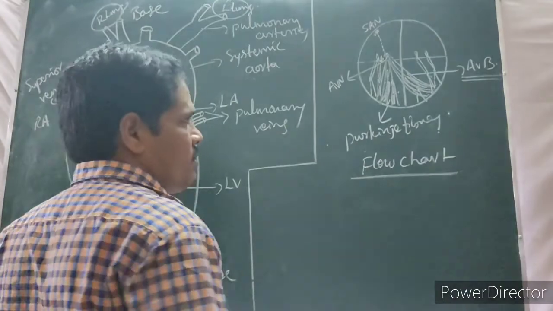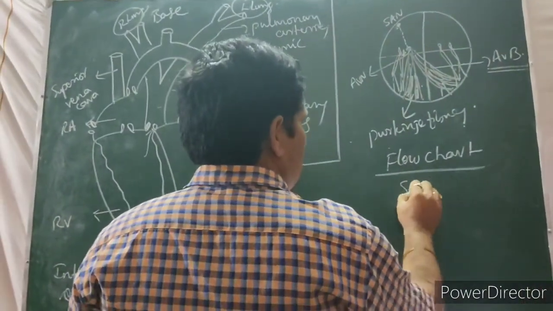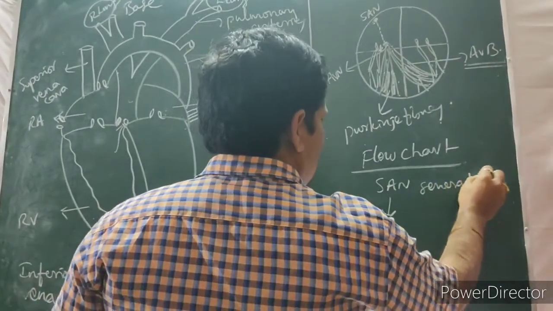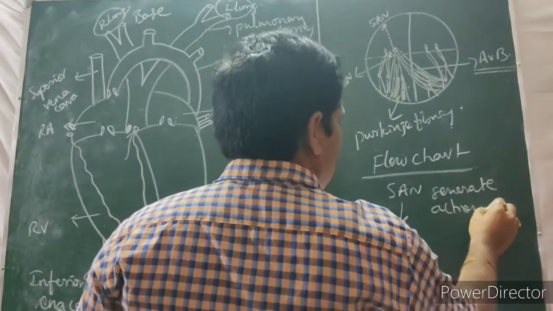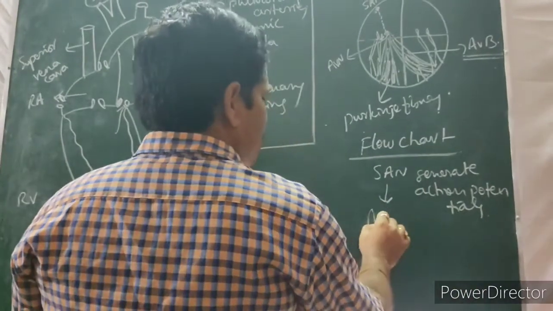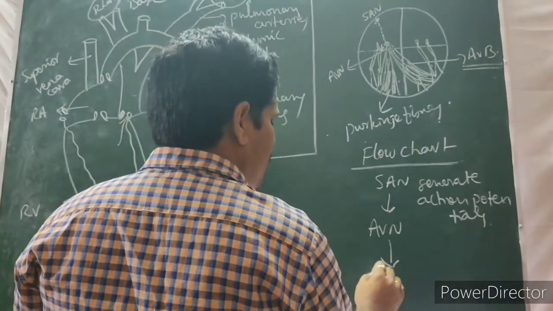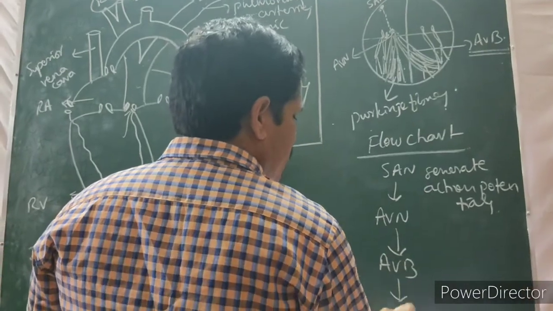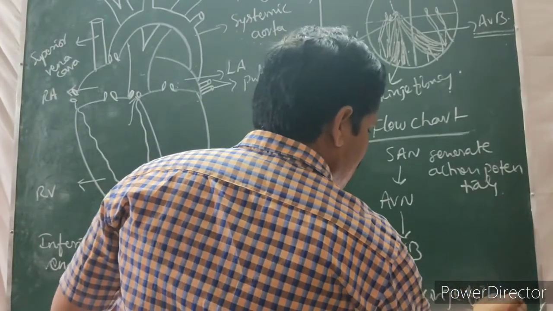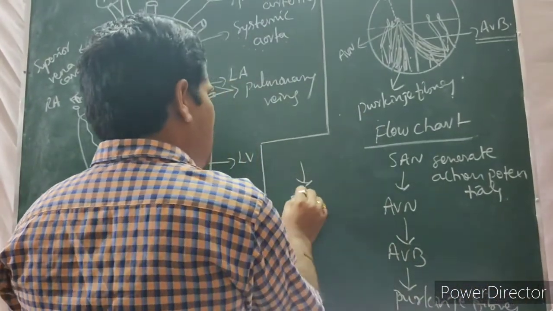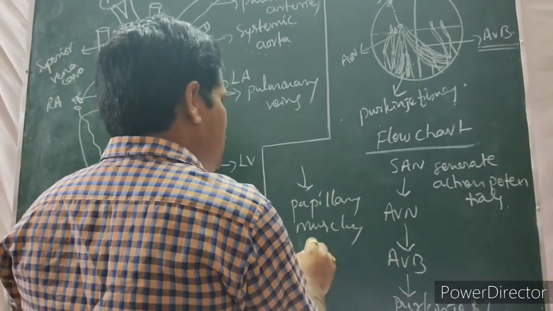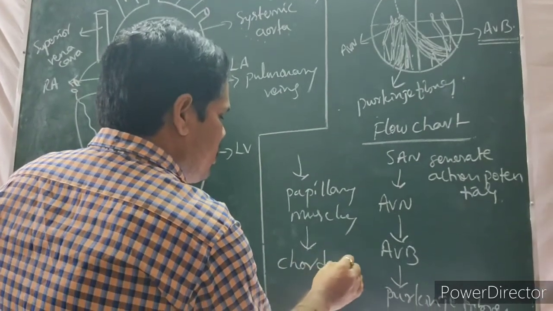The mechanism of heartbeat: the SAN generates action potentials. They reach the AVN, then enter the AV bundles, then reach the Purkinje fibers, then the papillary muscles, then the cardiac tendinae.